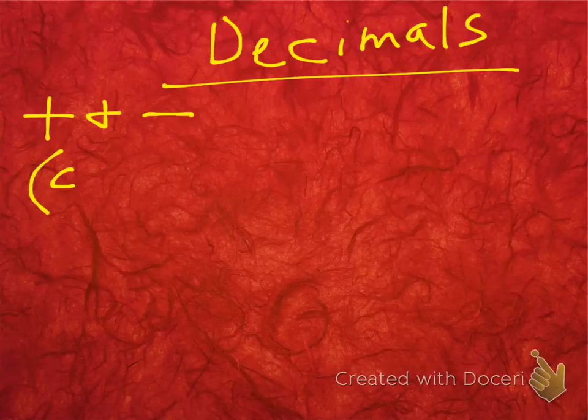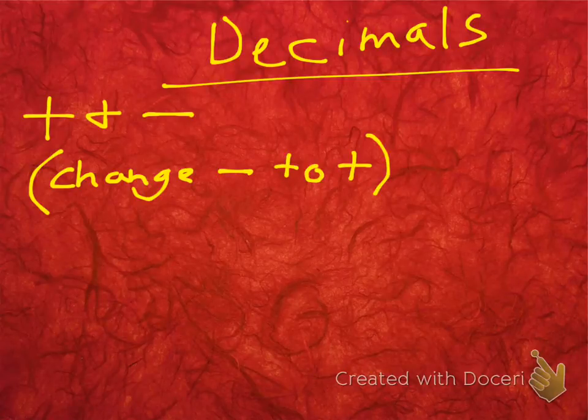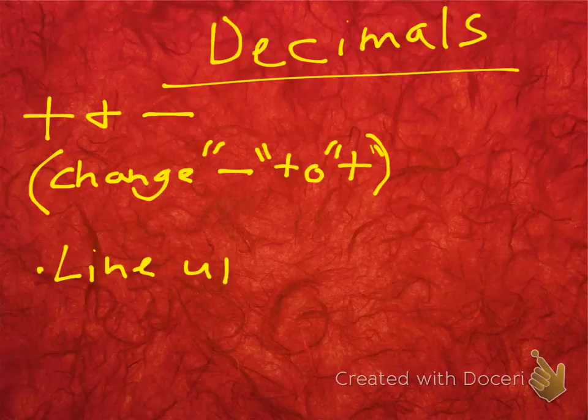First off, we're going to change the subtraction to addition like we just talked about. Alright, using the same method we did just a second ago. Then you're going to line up your decimals.